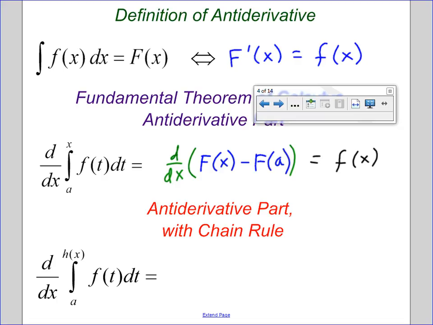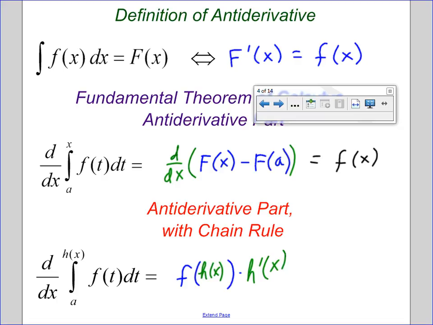We should generate the integrand function evaluated at the upper limit, in this case h of x, and then times the derivative of that upper limit, h of x, so long as my lower limit is a constant. And it can be any constant, as we've seen, because the derivative of that antiderivative function evaluated at the lower limit is just a constant, and the derivative of that is 0.